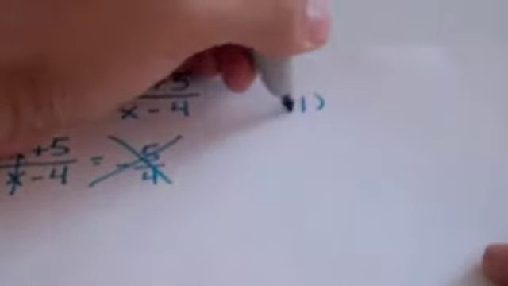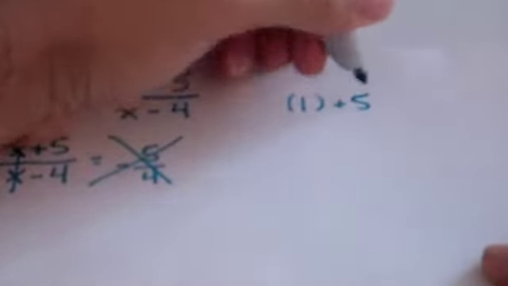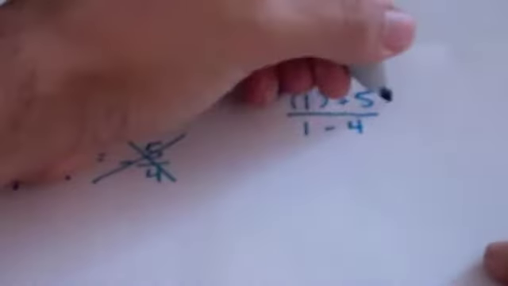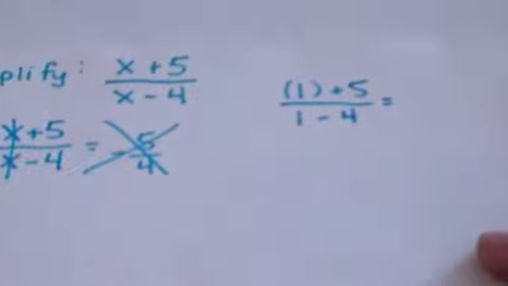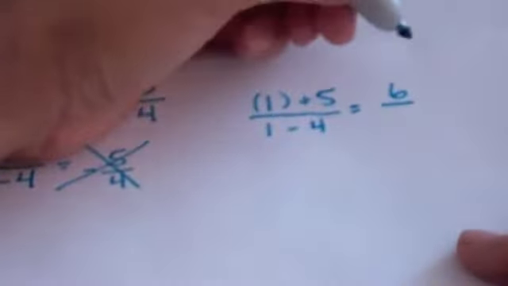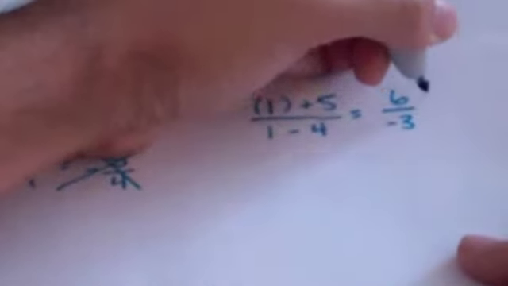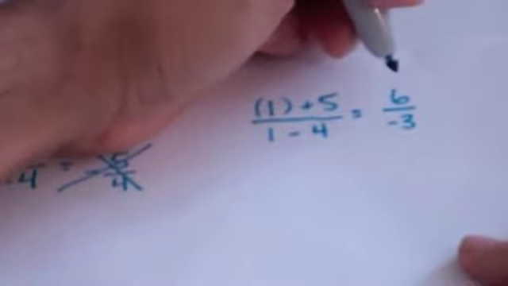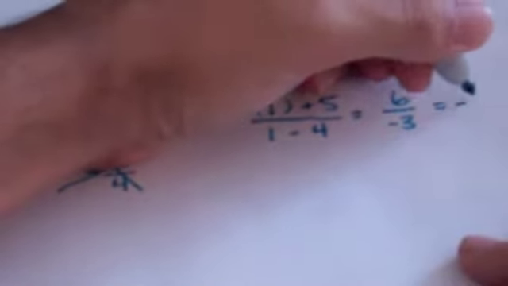So 1 plus 5 over 1 minus 4. So we get 1 plus 5 is 6, and 1 minus 4 is negative 3. This simplifies: 6 over negative 3. Negative 3 goes into 6 twice, so this just becomes negative 2.